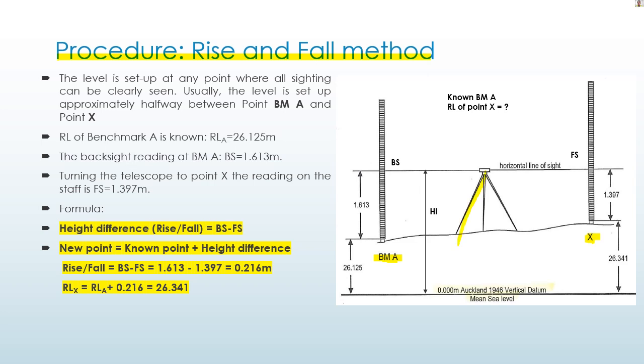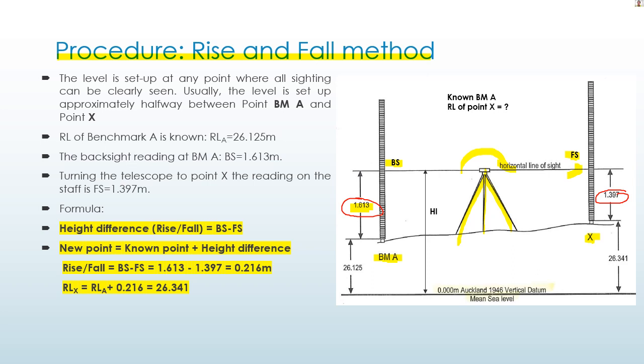Once you set up the instrument somewhere in between point A and point X, you take the first reading, which is the backside reading, and then you turn the telescope and take the second reading at point X. You have the foresight reading. So this is the backside reading and this is the foresight reading.